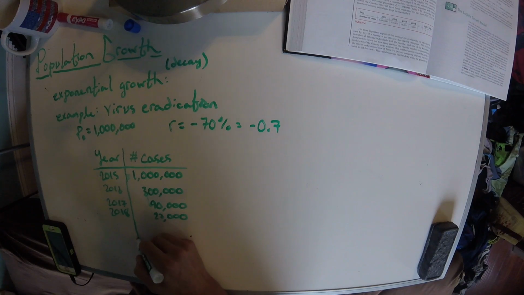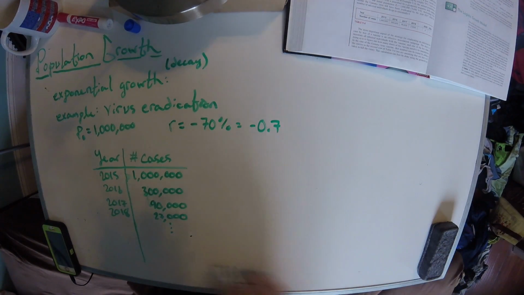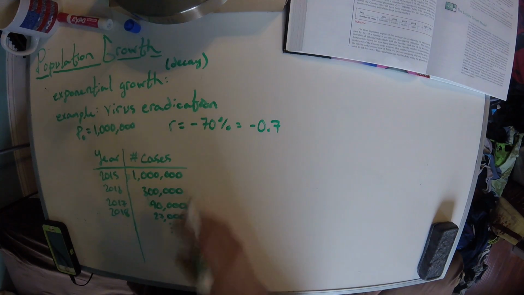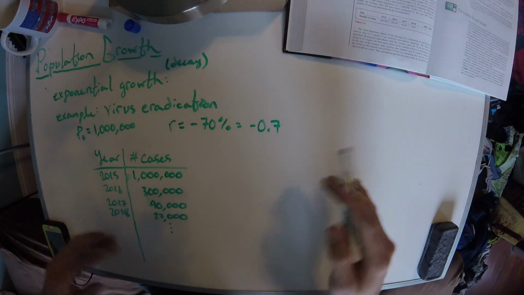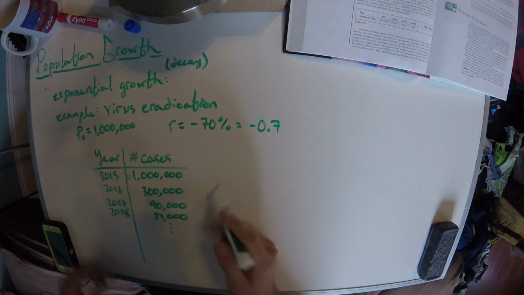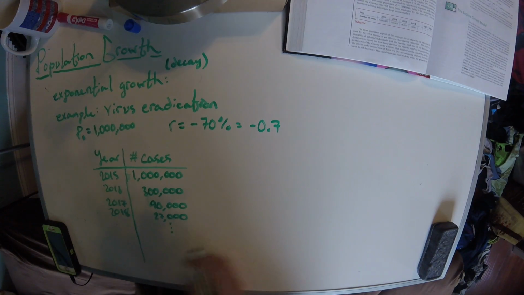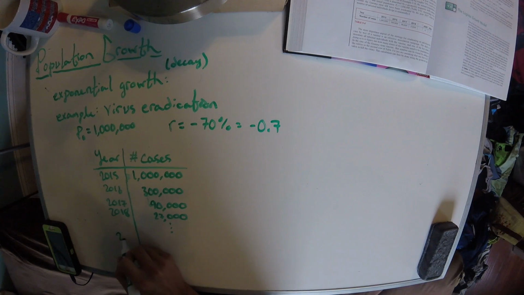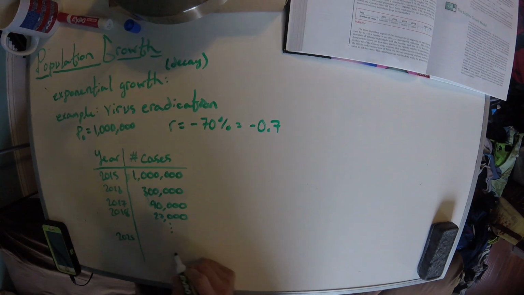And then, continuing to project forward. We'll say that this example was made up in 2015, so these years hadn't happened yet. In the year 2025, we should have 6 cases.